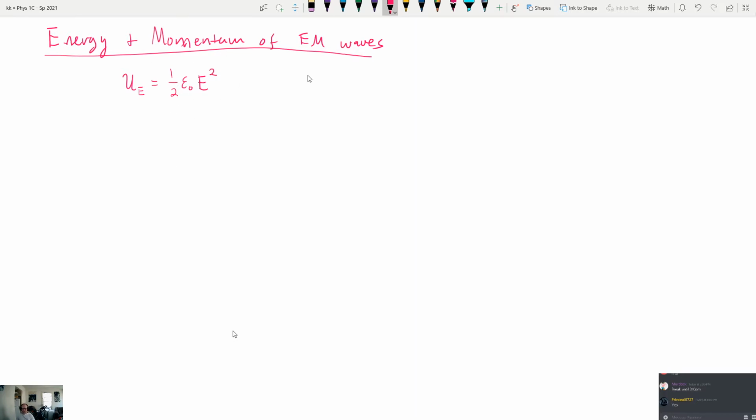For the magnetic field, we derived this expression, which was 1/2 mu naught in the denominator, and then B squared right here. And what both of these represent is the energy per unit volume. So both of these represent energy density, or energy per unit volume.